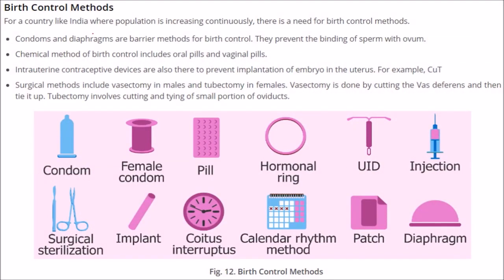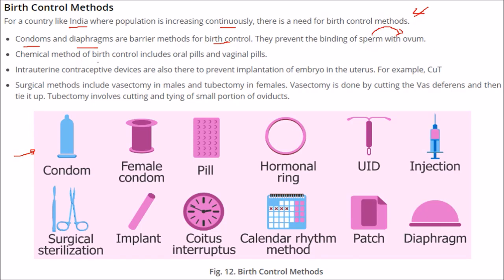Birth control methods. In developing countries where population is increasing continuously, there is always a need for birth control methods. Condoms and diaphragms, this is a condom. Condoms and diaphragms are barrier methods for birth control. They prevent the sperm from coming in contact with the ovum.